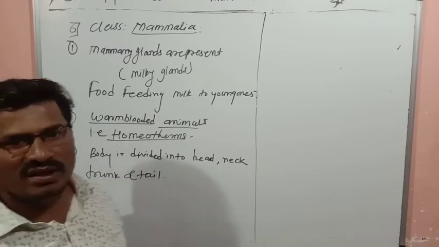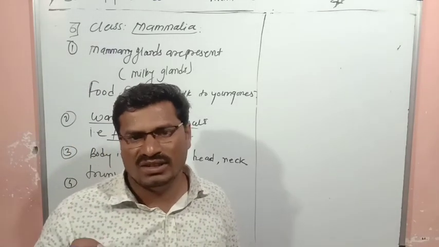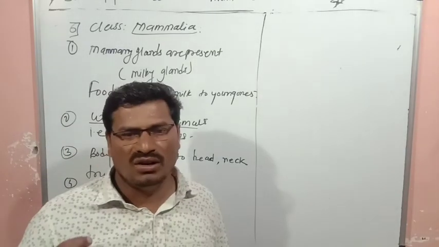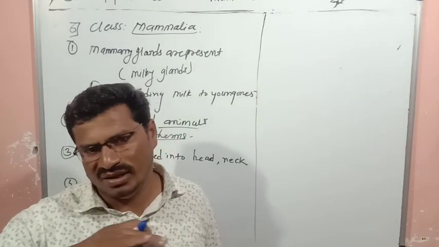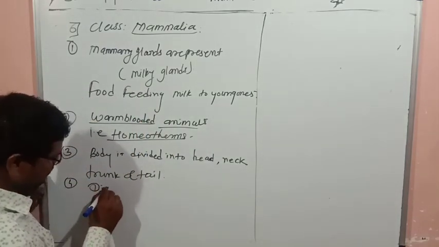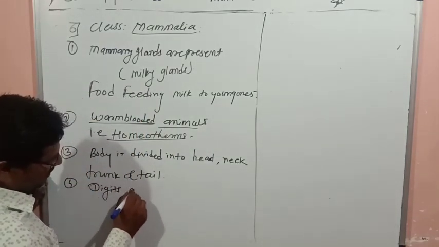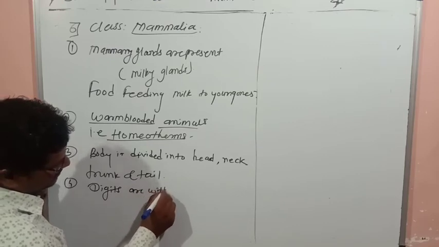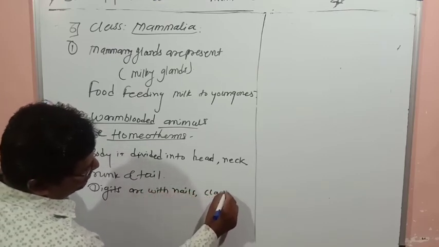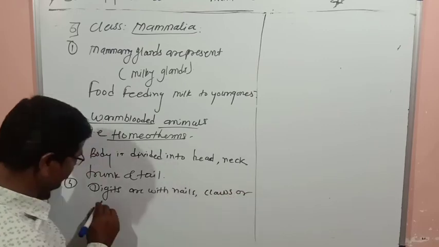Then the fourth one: digits are with nails, claws or hooves.